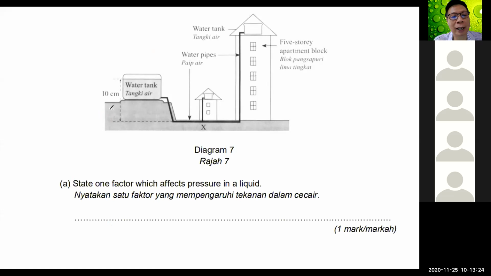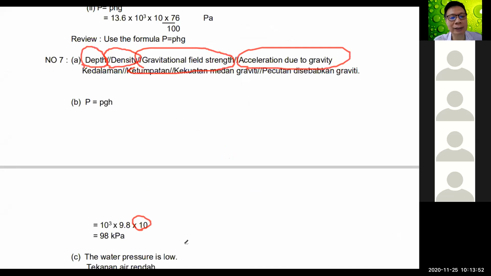So label here 10 meter on the diagram. Some wrote 10 cm, which is not correct. It is 10 meter. When you are calculating the pressure at point X, you take the depth here. The depth of the water is 10 meter. That's why the answer is rho G H. The depth is 10, so you get this answer.